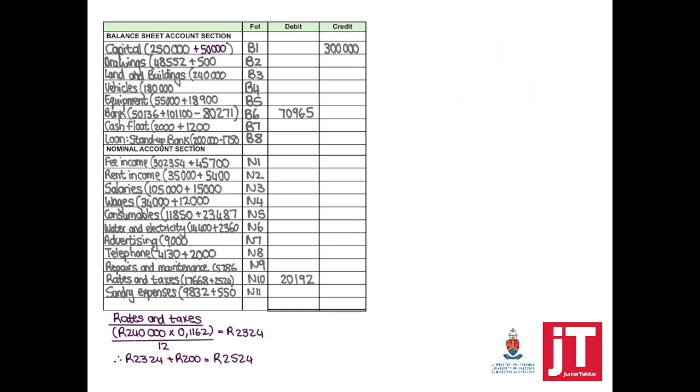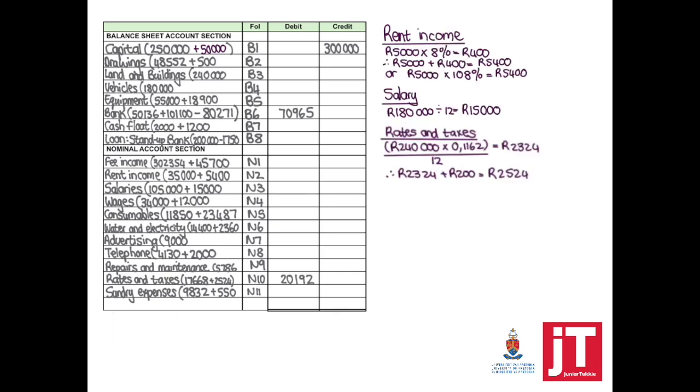Now we've done all the transactions, which means our next step is to complete the trial balance. This is just for you to remember how we got to those figures for rent income, salary, and rates and taxes.